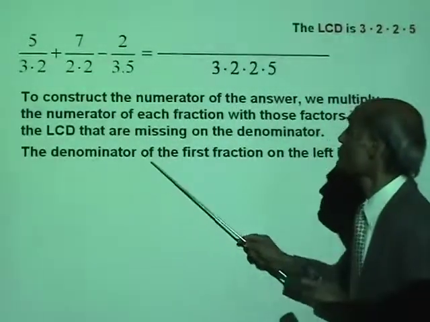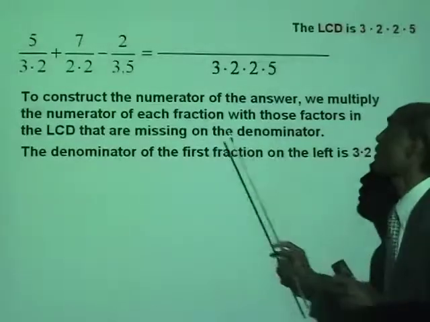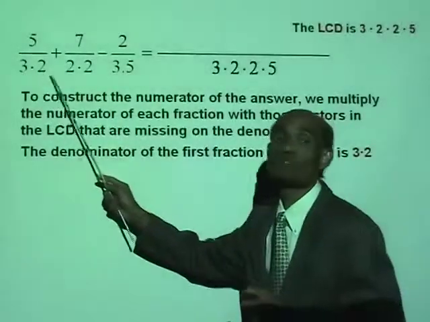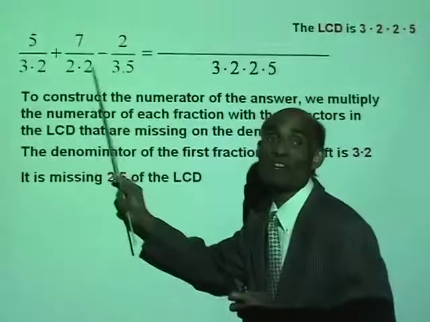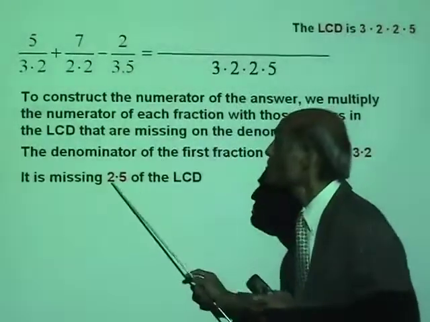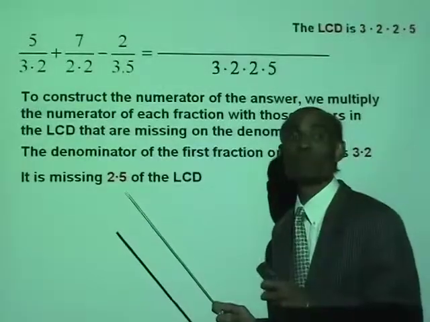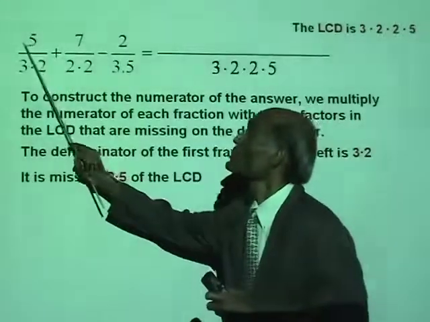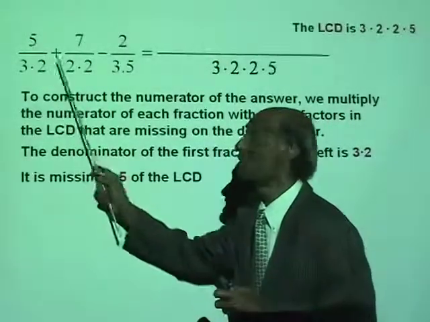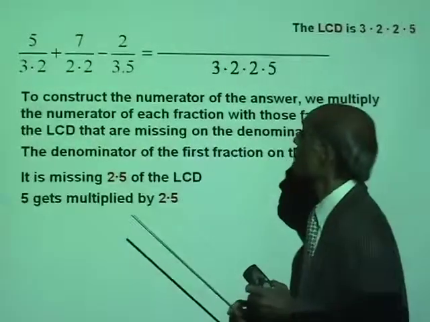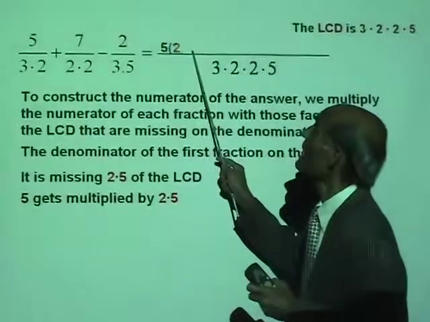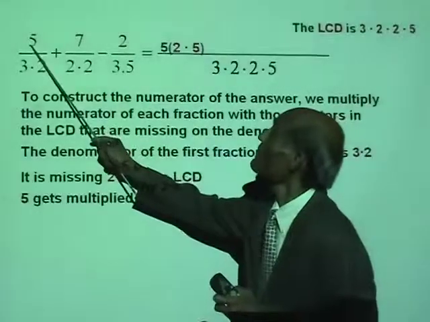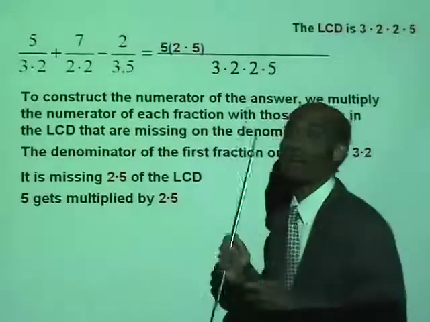The denominator of the first fraction on the left is 3 times 2. Now, what are the missing factors out of this? It's 2 times 5. That means this numerator 5 will be multiplied by that 2 times 5, and we will write it there. 5 is multiplied by 2 times 5.